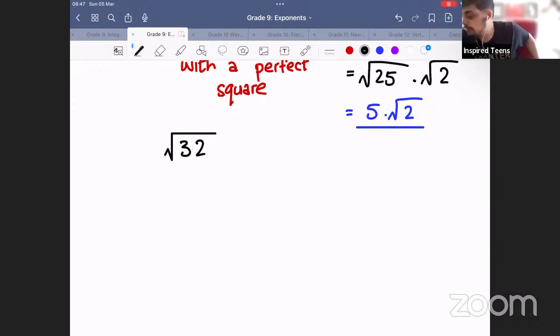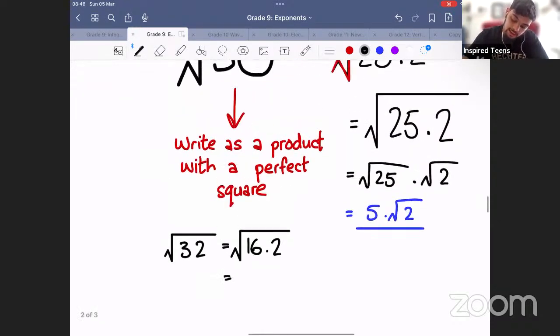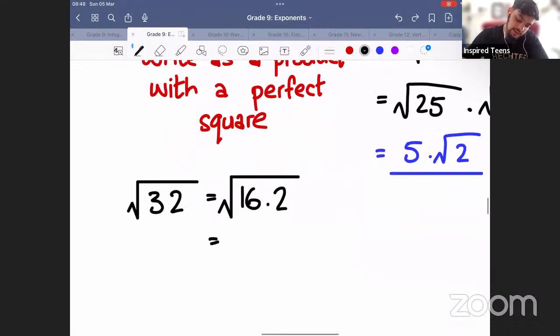A perfect square that is a factor of 32. Very good, very good. 16, right? 16 is a perfect square that goes into 32. So we can write 32 in its factors as 16 and 2. You can skip this step if you'd like. Okay, so let's skip it this time. In the next example, we won't.